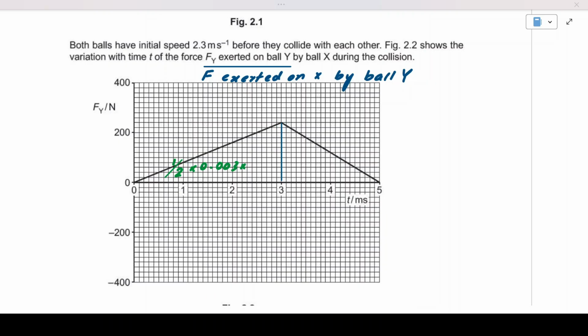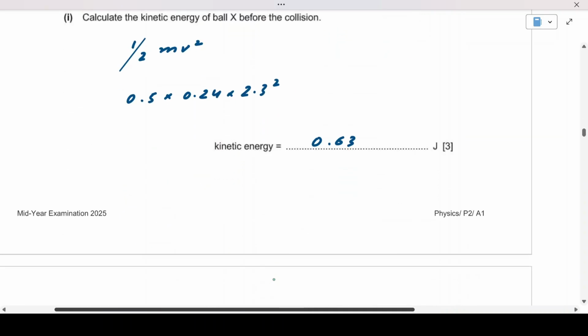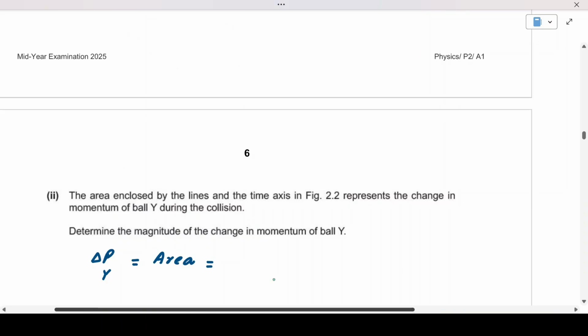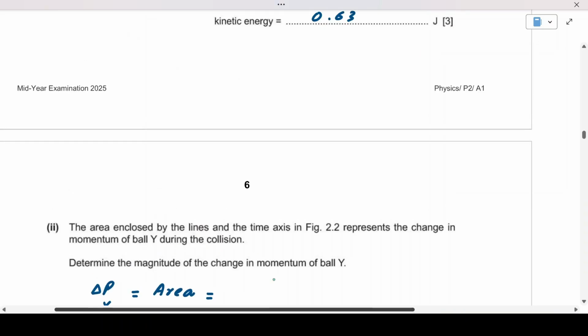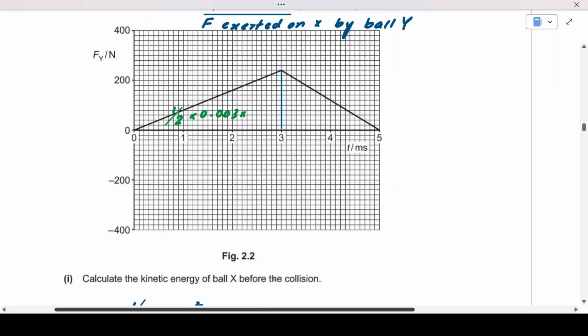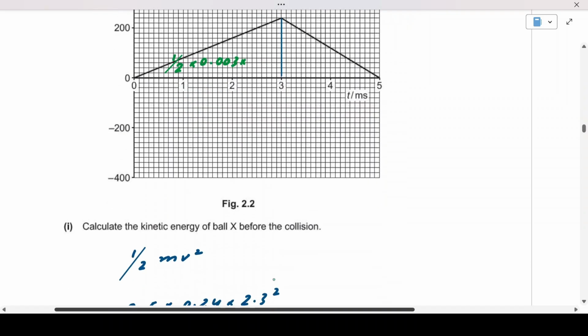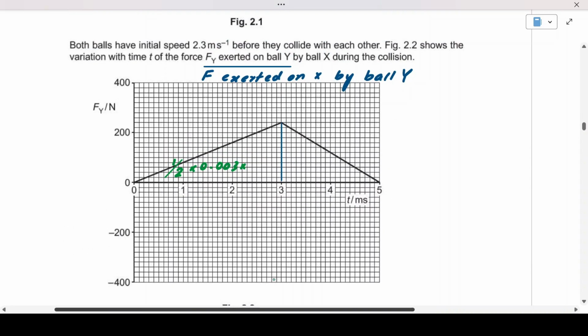200. So if we make a scale, it would be 200 and 20, 40. So one line is representing 20.